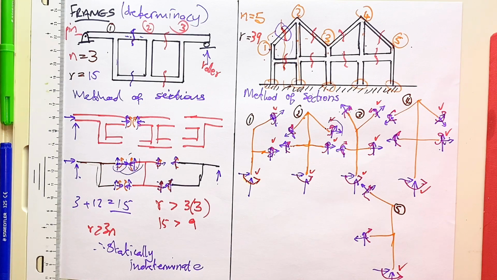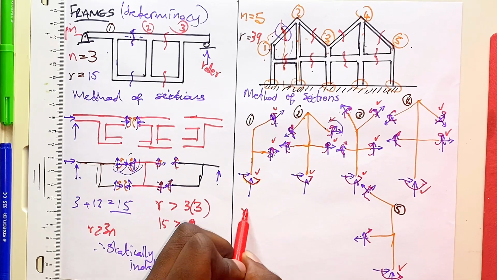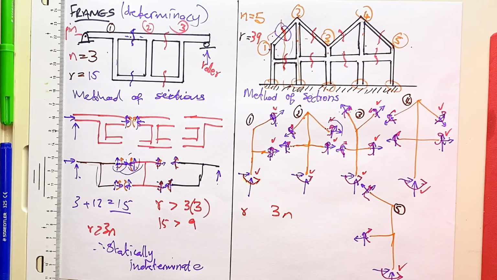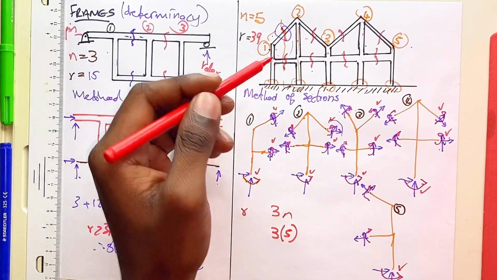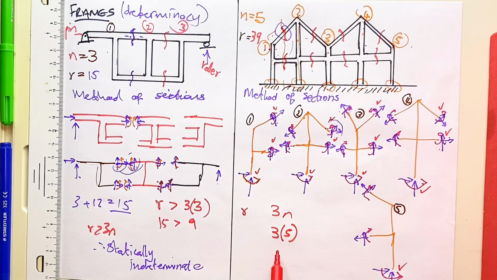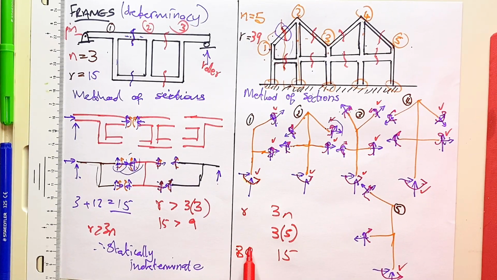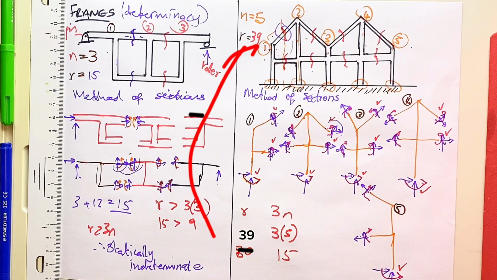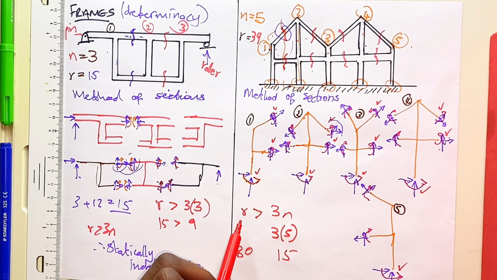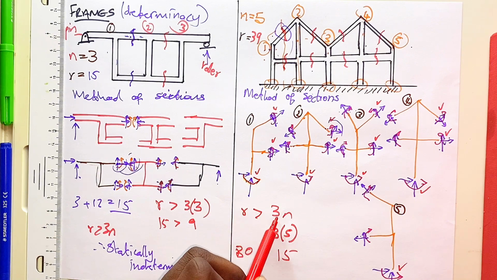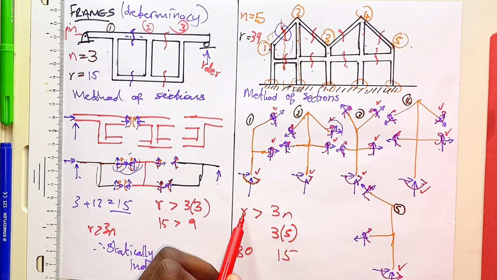39. Now let's compare our R to 3n. Our n is equal to 5 because we have 5 parts, which gives us 15, while our R is equal to 30. Now we can see that our R is greater than 3n. We have more unknown forces compared to the number of equations we have to solve them.